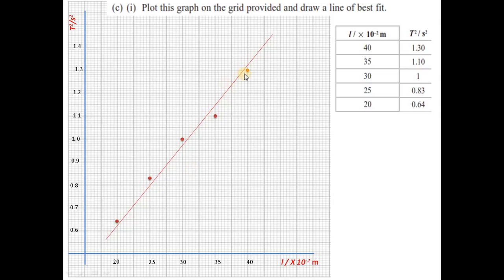Or you can choose any other option, but you know the meaning of line of best fit: either passing through maximum points, or all the points equally spread around the line. So this is the line of best fit.